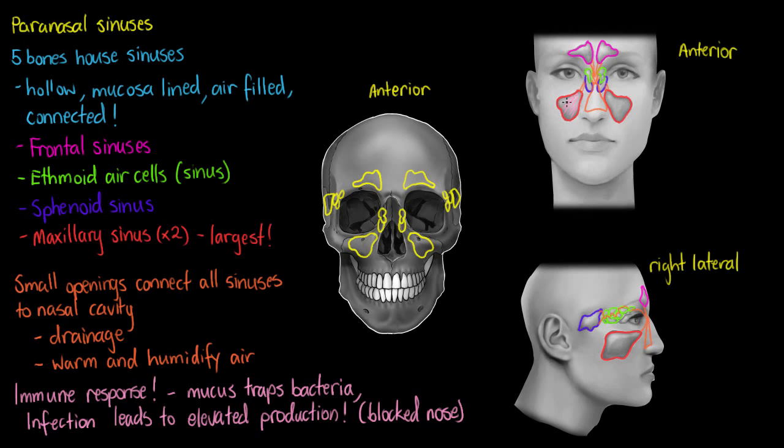So we can see our maxillary sinuses here filling up with mucus, as well as our sphenoidal and ethmoidal and frontal, and it's going to result in a leaky nose. And I'll show it here on the skull as well. So excess mucus results in us having to blow our nose.